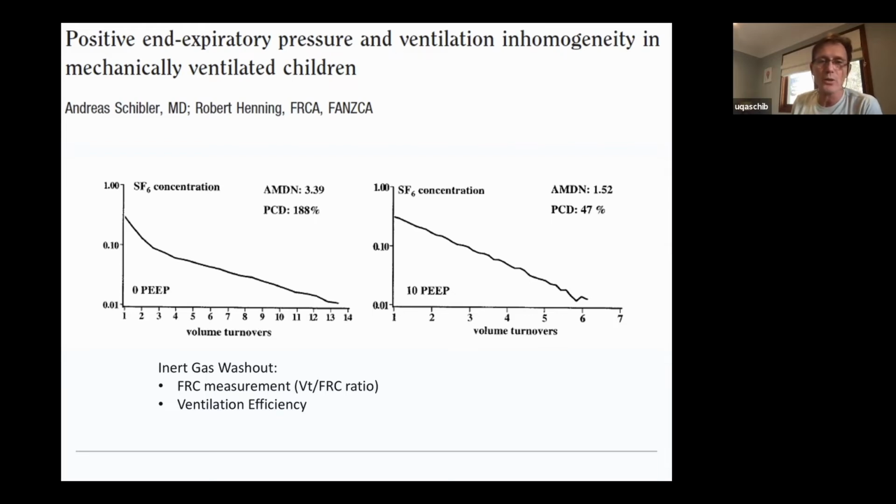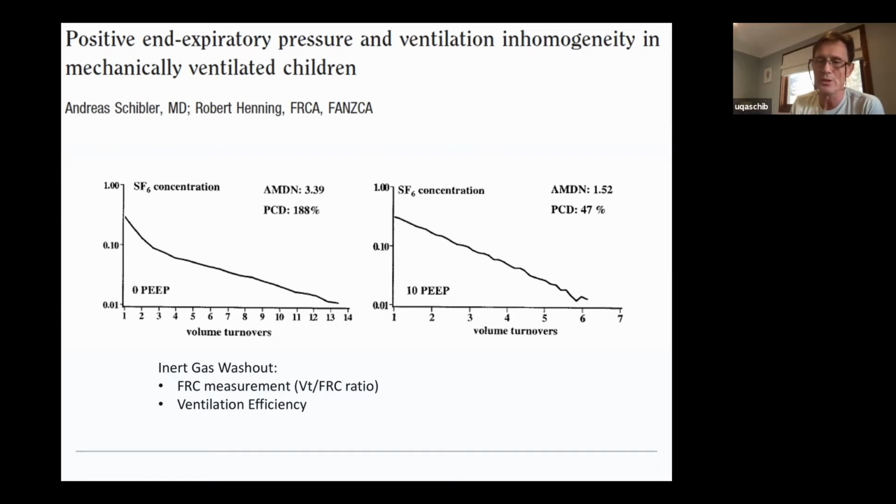And the so-called improvement of ventilation distribution from a non-linear to a linear exhalation of tracer gas is already helping us to say, okay, we have more homogeneous ventilation distribution. And that's a simple graph that can be used bedside.